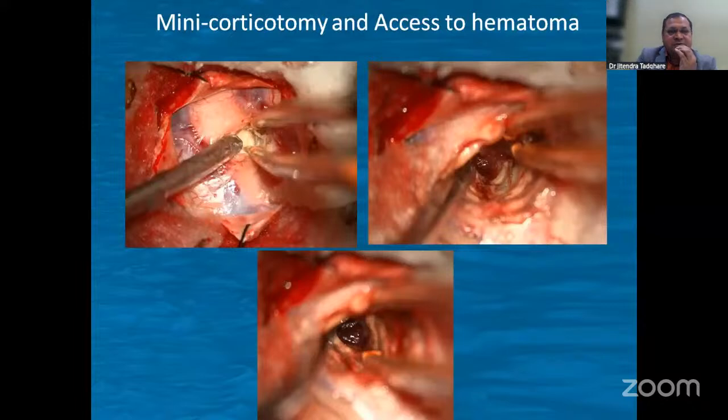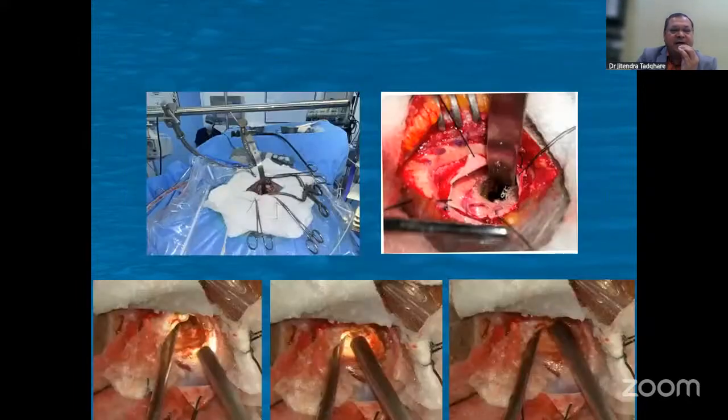Sometimes I go transsylvian, but during the transsylvian approach, I found that some minor vessels are injured. So I prefer to go transcortical. And after going deep inside the cortex, when we reach the blood, we stop there and apply a LILA detector system, with minimal detection of LILA, so that I can insert an endoscope inside and another suction inside.